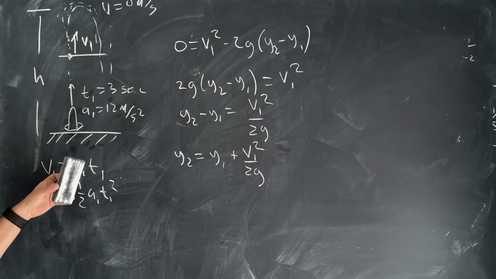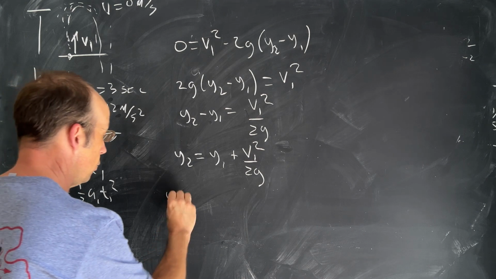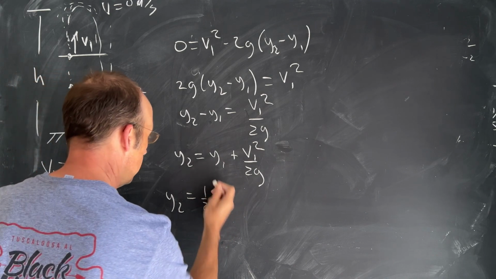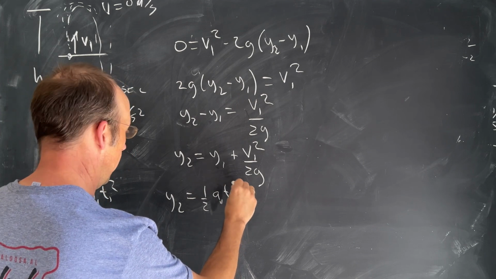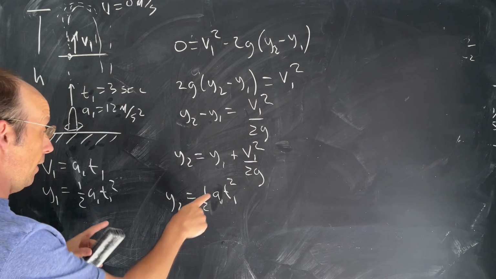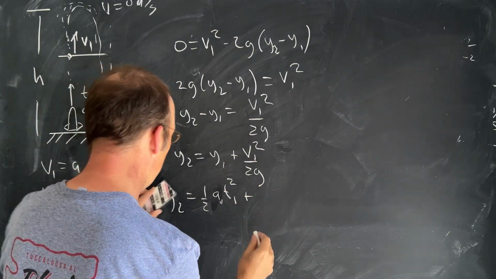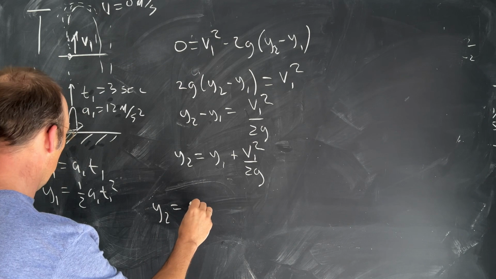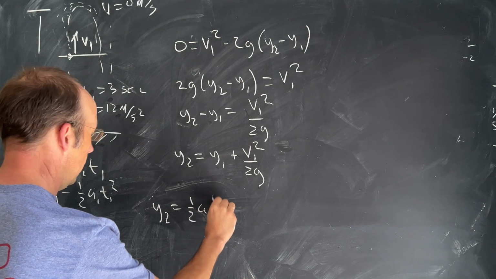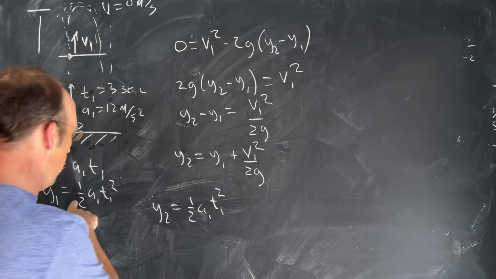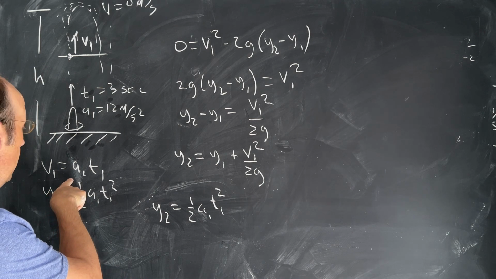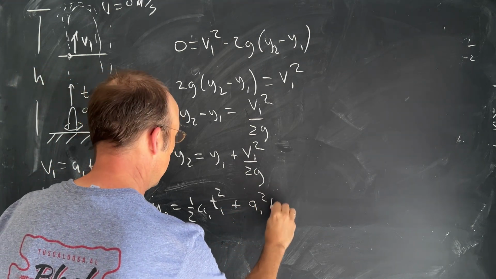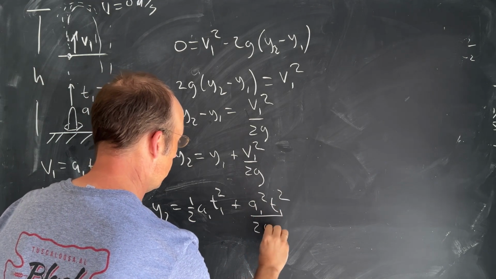Now I can put in my expression for v1 and y1. So y2 equals y1, which is 1/2 a1 t1 squared, and then I put in v1, so plus a1 squared t1 squared over 2g.